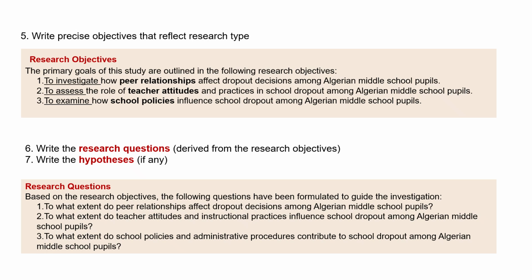Now let's conclude our discussion about how to write a statement of the problem. A statement of the problem will show an issue and will provide a rationale based on a gap. It also articulates the goals of the study and the precise objectives.